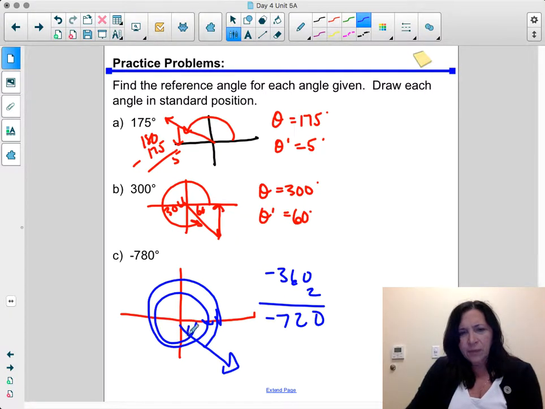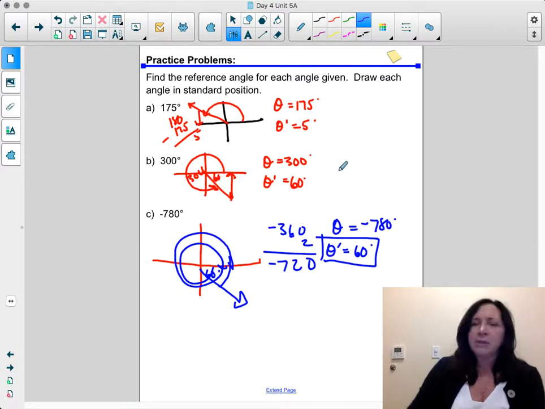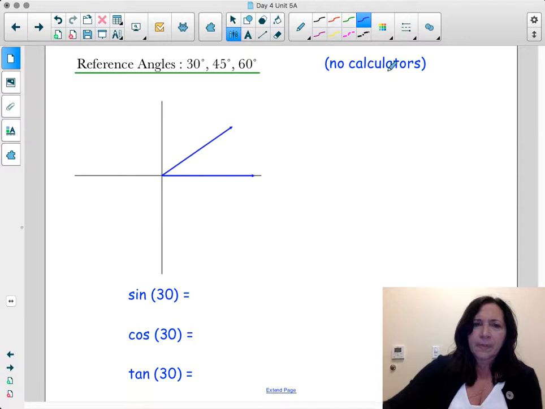Okay, so there's my reference. Therefore, theta is equal to negative 780 degrees, but my reference angle is 60. Remember, reference angles are always positive and in between 0 and 90.